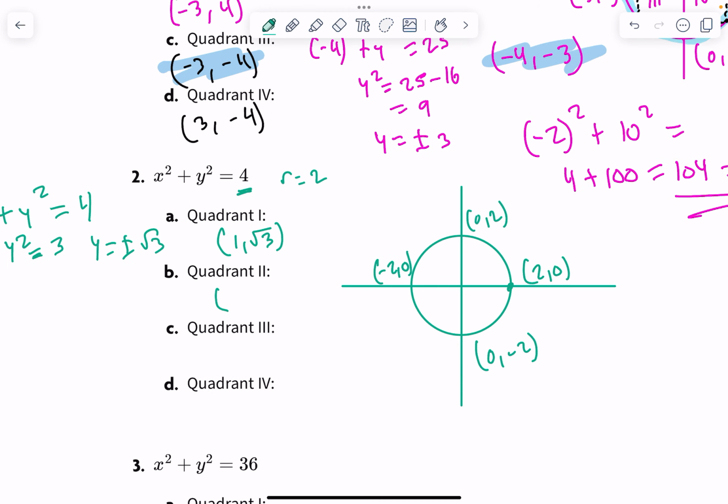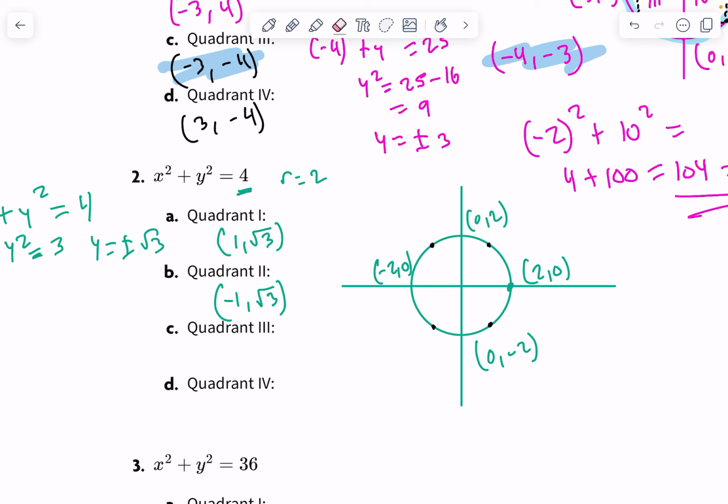Now quadrant 2, it's going to be -1, square root of 3, right? Then I can be here, I can be here, I can be here.